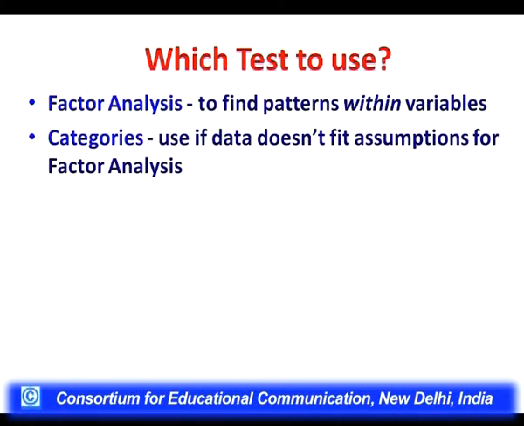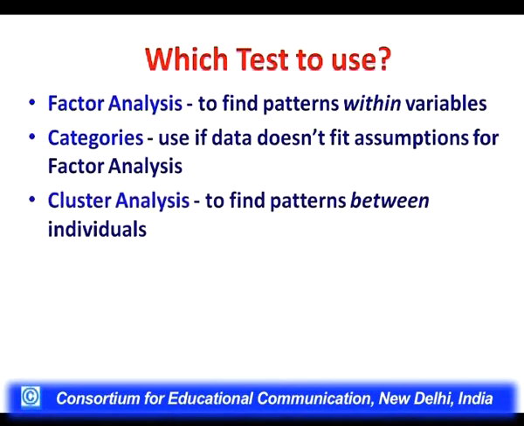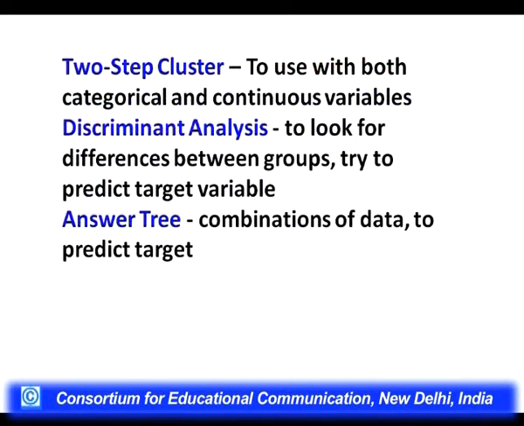There are certain assumptions and those should be there to use factor analysis. If those assumptions are not met by the data, then we use categories. Cluster analysis, to find patterns between individuals. So, first was within variables we use factor analysis, and then if between individuals we use cluster analysis.